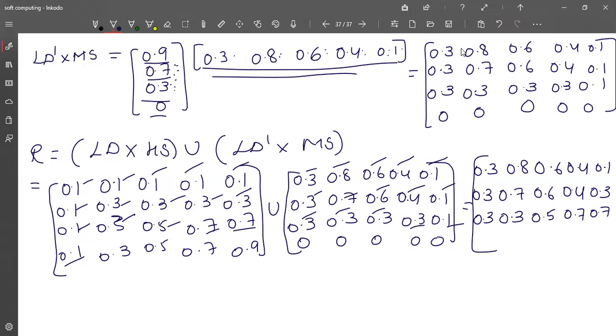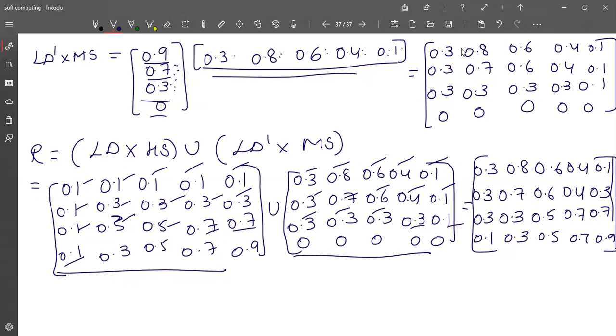Now in the last row, all the zero side will be written as the values of the other matrix: 0.1, 0.3, 0.5, 0.7, 0.9. So yeah, this is our relation matrix. Thank you.